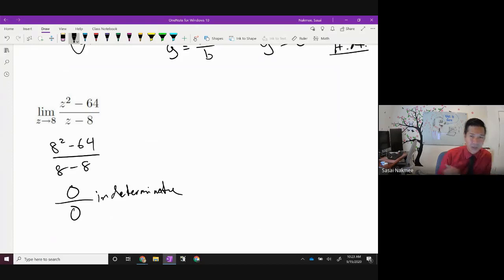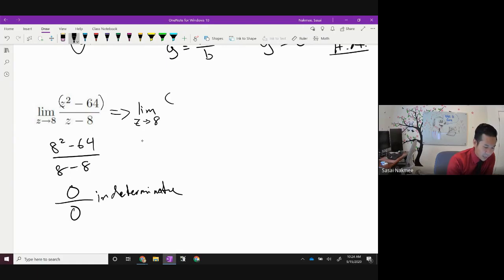You need to figure out, is the function approaching a value from both the left-hand side and the right-hand side, right? So if you graph it, you'll actually see that there's a hole at z equals 8. And another way you can do that is just by simply rewriting this and simplifying this. The limit as z approaches 8 of, let's factor this guy out.